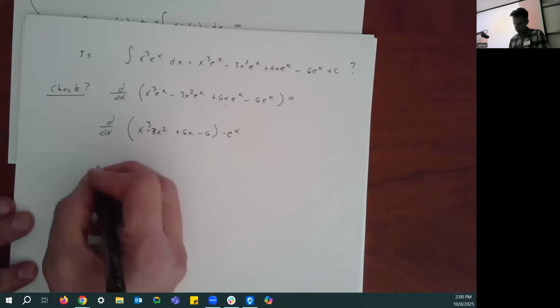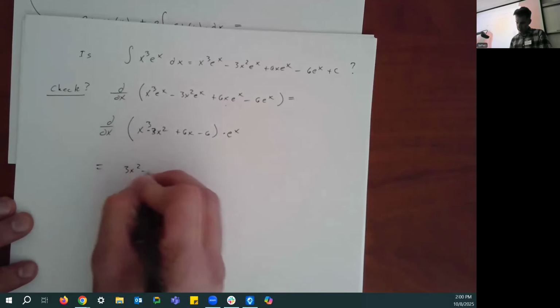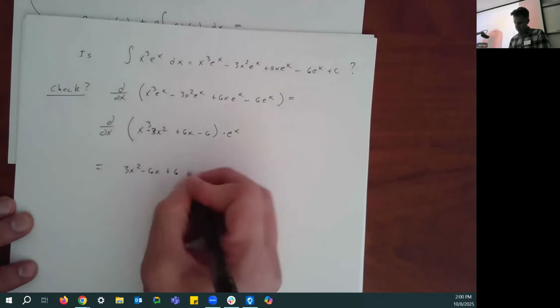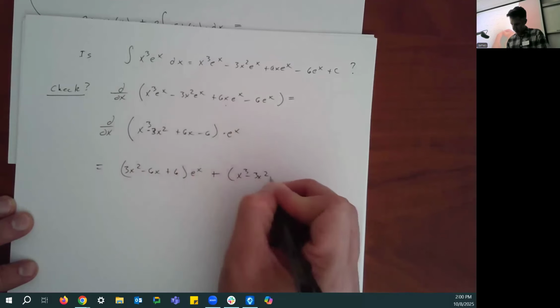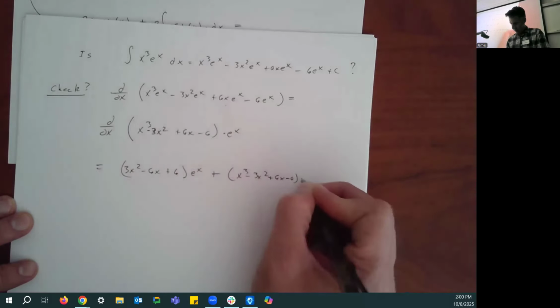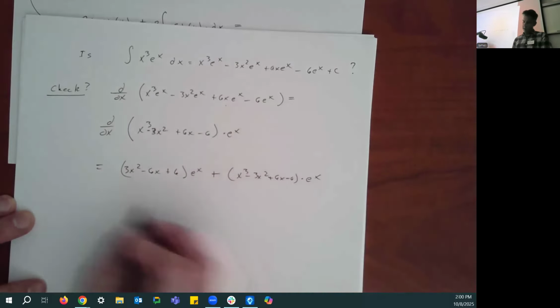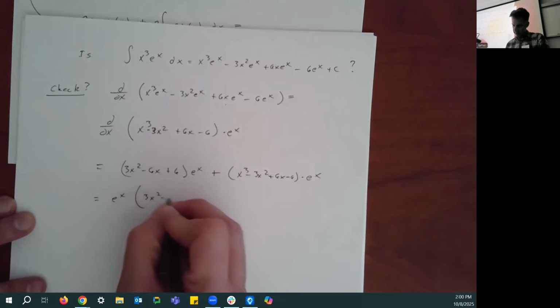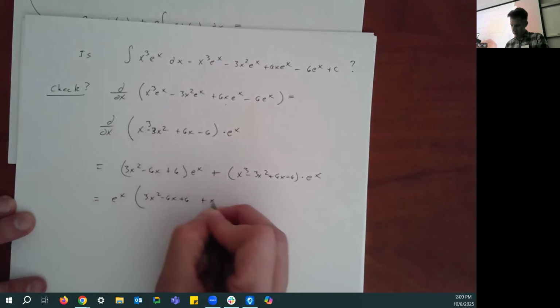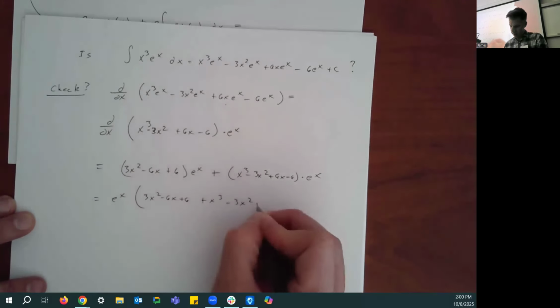So the derivative is going to be 3x squared minus 6x plus 6 times e to the x plus x cubed minus 3x squared plus 6x minus 6 times the derivative of e to the x, which is also e to the x. Then you can factor out the e to the x's and you get, check it out, 3x squared minus 6x plus 6 plus x cubed minus 3x squared plus 6x minus 6.